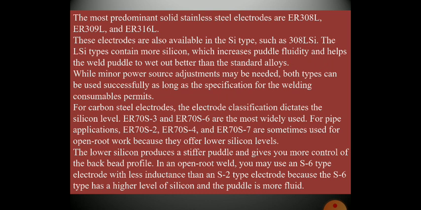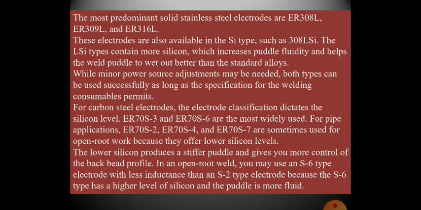These electrodes are also available in alloys that include the silicon type, such as 308LSi, the LSi type that contains more silicon, which increases puddle fluidity and helps the weld puddle to wet out better than the standard alloys, providing fluidity to the weld material, leading to better welding quality. While minor power source adjustment may be needed, both types can be used successfully as long as the specification for the welding consumable permits. So according to that specification we can adjust the power sources also.